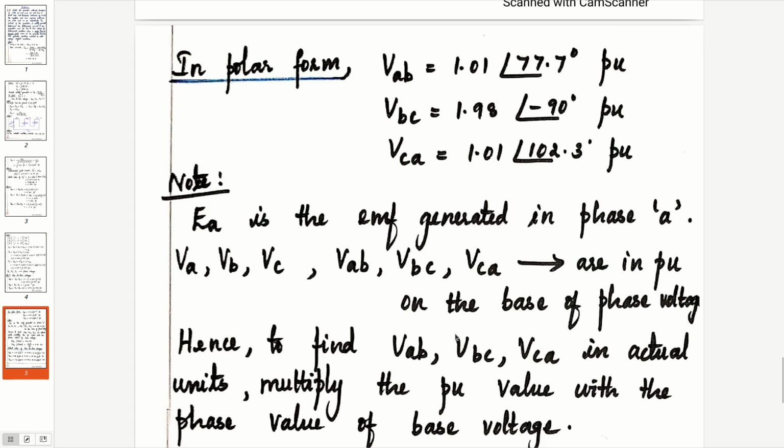Don't get confused. If you have any doubts regarding this, you can stop at step 7, where you get the line to line voltages in per unit. But if you want to write them in actual units, this is the procedure. Though VAB, VBC, VCA are line to line voltages, their calculation is done on the base of the phase voltage, because VA, VB, VC are phase voltages. So to convert these from per unit into actual value, you have to use the phase value of the base voltage.